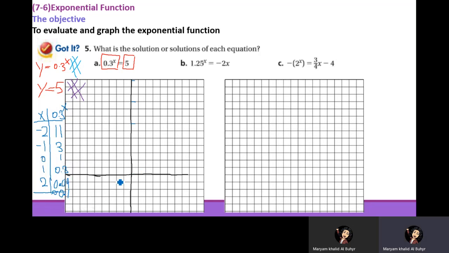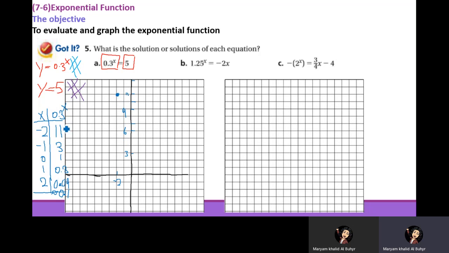Once I have -2, it will be, here I have a 3, here I have 6, so 3, 6, 9, that's 10, 11. Here I need this 11. So my first point will be here.